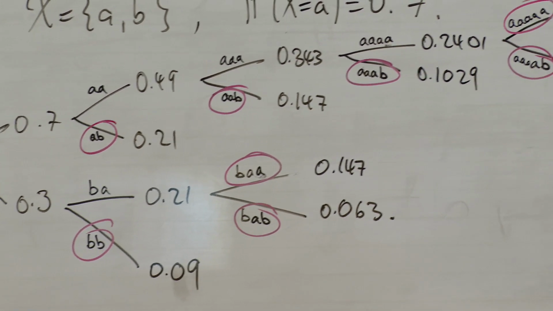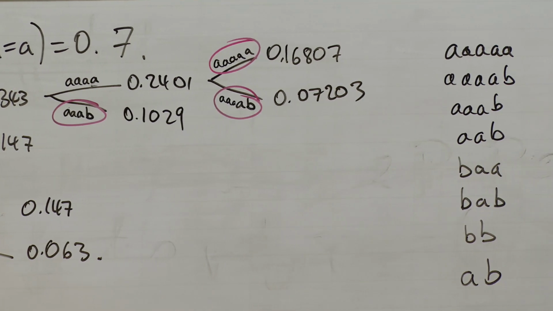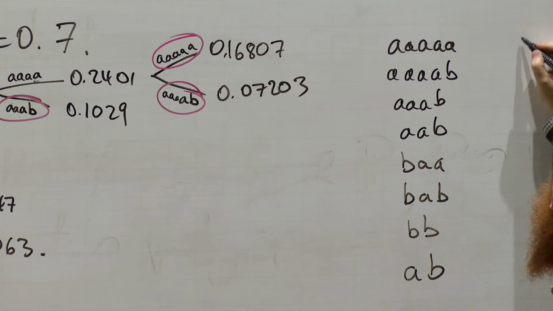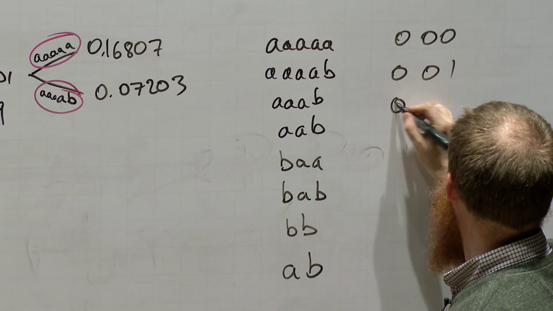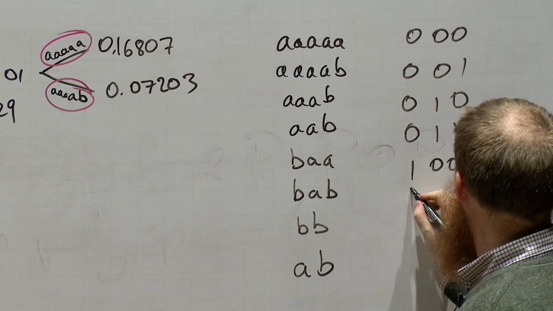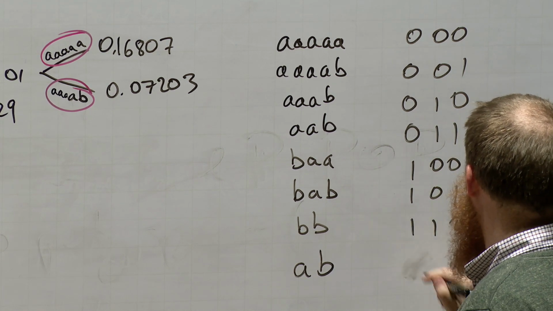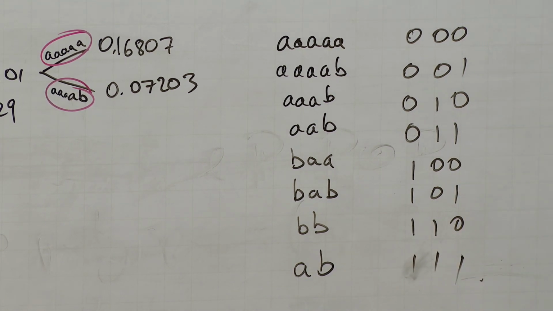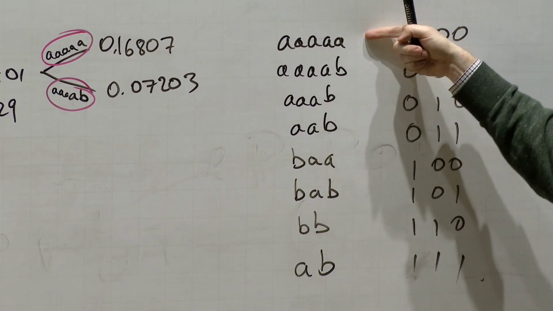And so now I've got my 8 code words, so I just assign them arbitrarily a 3-digit binary string. So 000, 001, 010, 011, 100, 101, 110, 111.